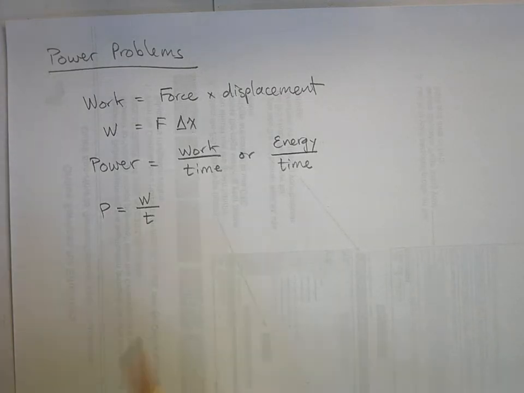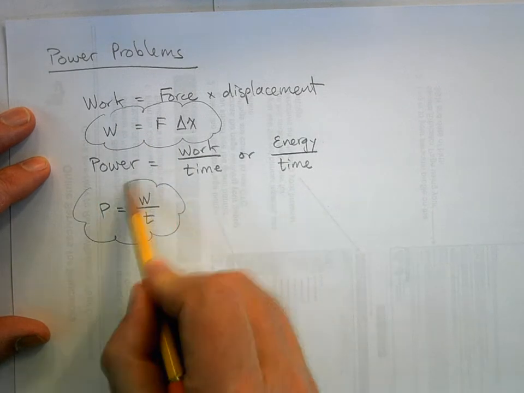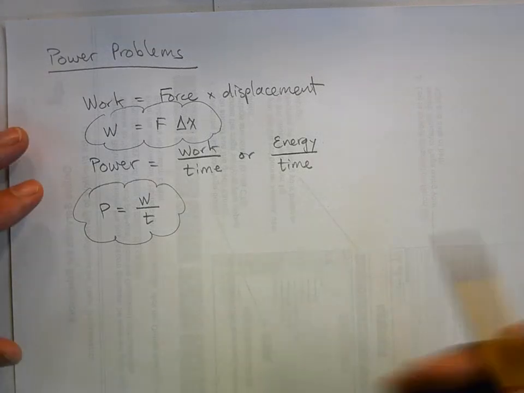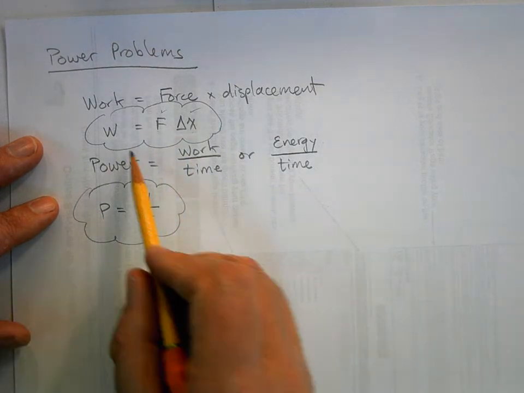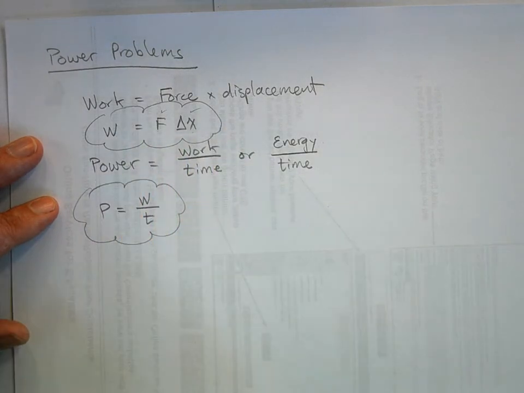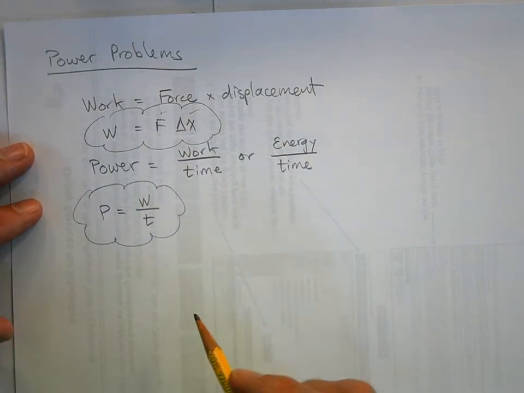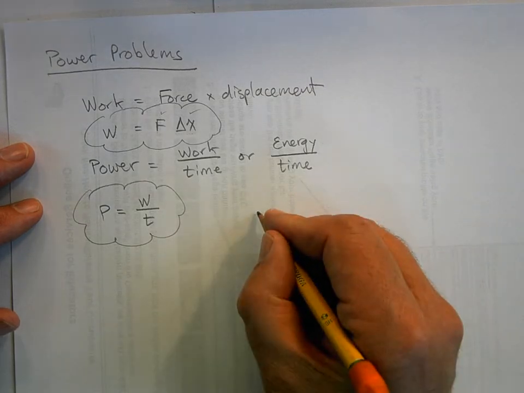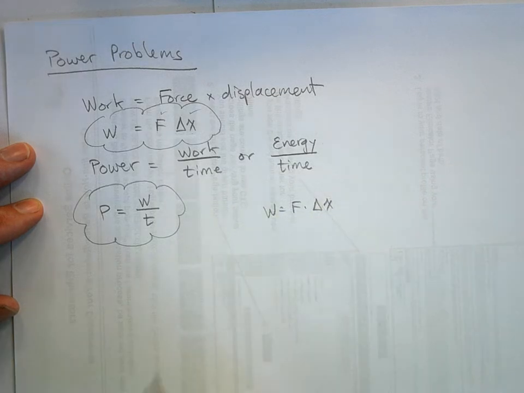Now, whenever you have a formula like these, you can manipulate those formulas to solve for an unknown. Like, let's suppose that if I give you the force and the displacement, you just plug them right in. The formula is already solved for your unknown if you're solving for work. But what if I want to solve for force? If they want to know how much force was applied, you would just say, well, work equals force times displacement.